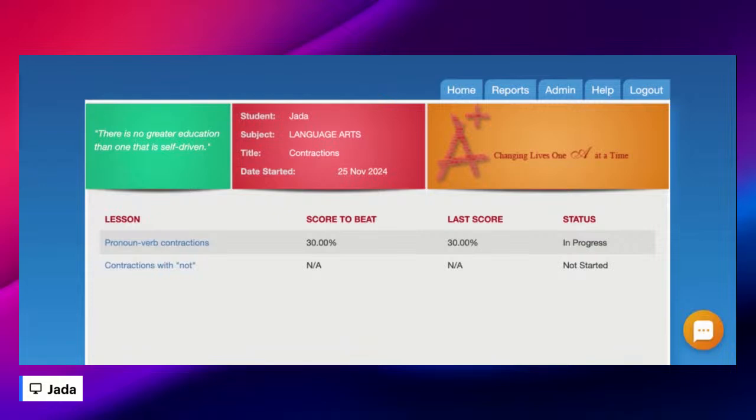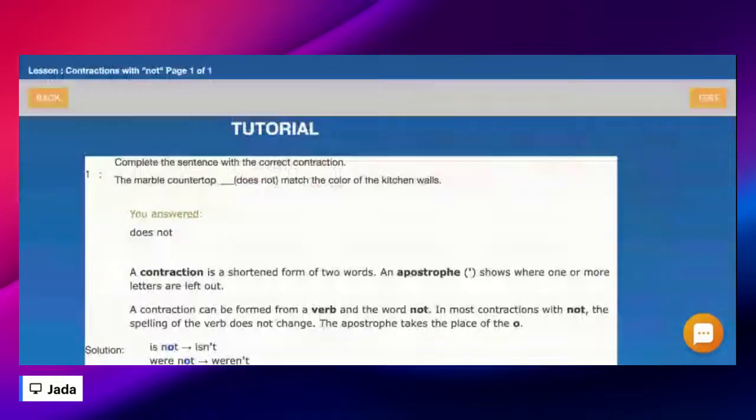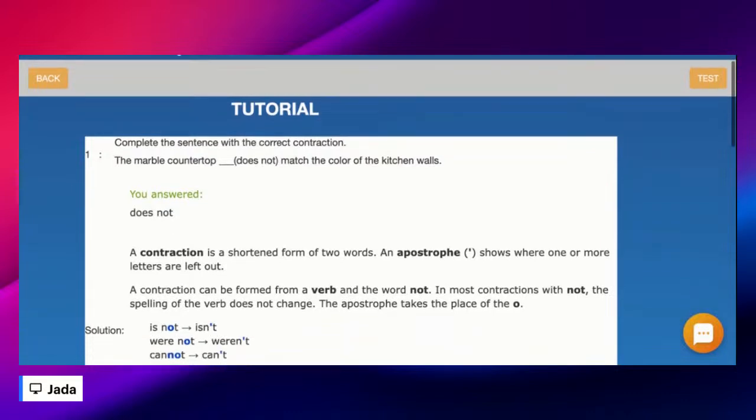Okay. So we'll move on to the second lesson now. Contractions with not. The first contractions that we had didn't come with nots, but these ones will appear with nots.